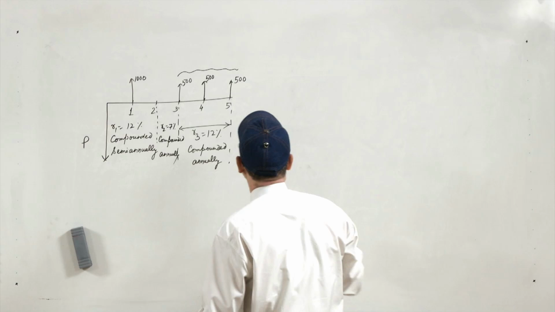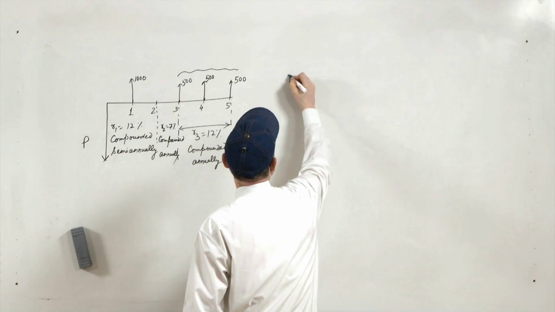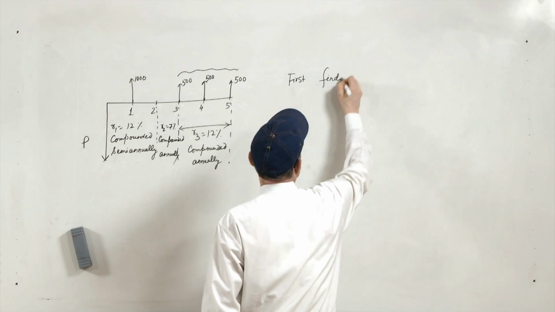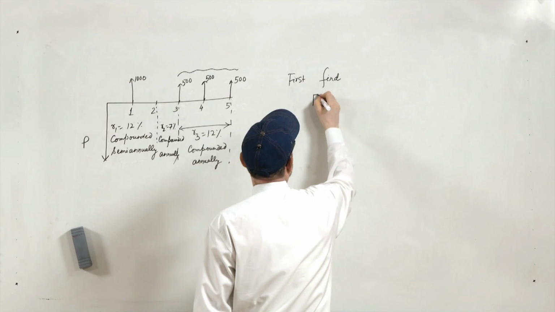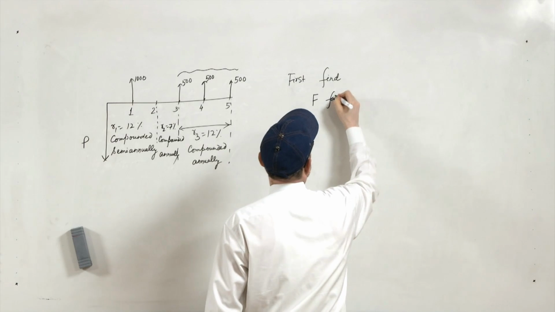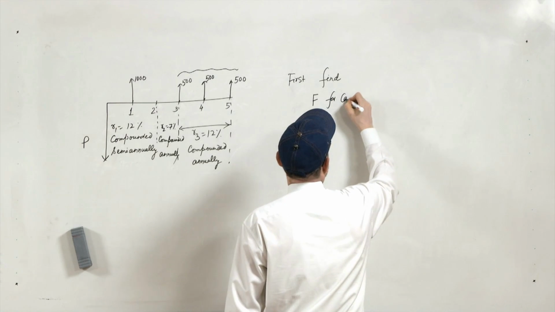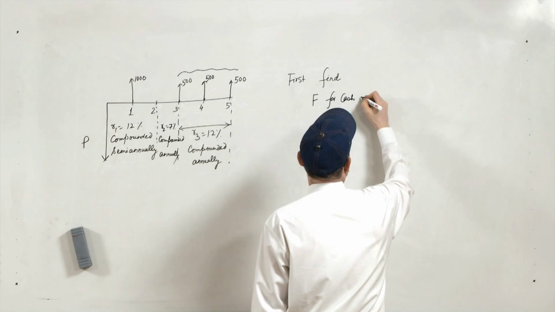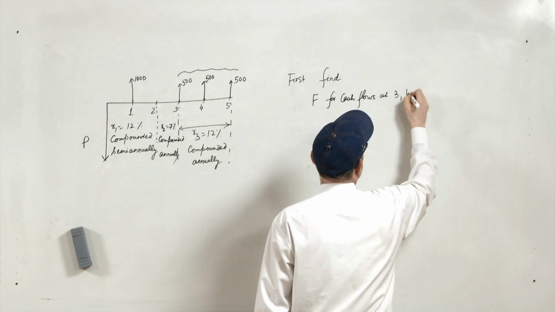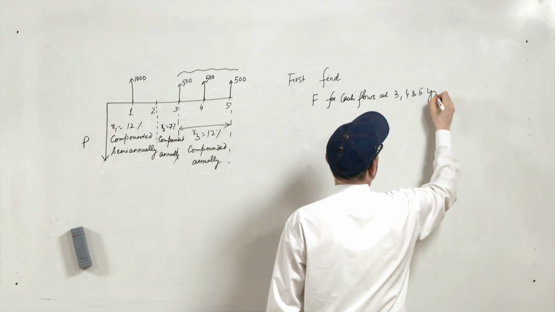So, what you have to do is first find F for cash flows at 3, 4 and 5 years.